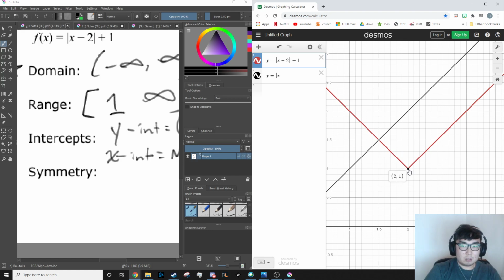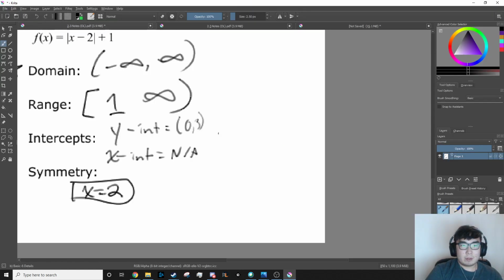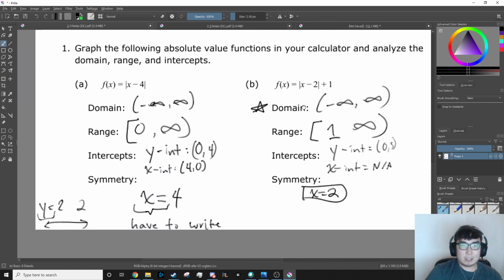So all I have to do is look at the x value, this 2, and write it as an equation: x is equal to 2. And that would be my line of symmetry. Remember that a line of symmetry is a line, as in that equation has to be linear. This graph is linear technically because it's not bending or curving, and it has 2 infinite directions, going to the positive direction and the negative direction.